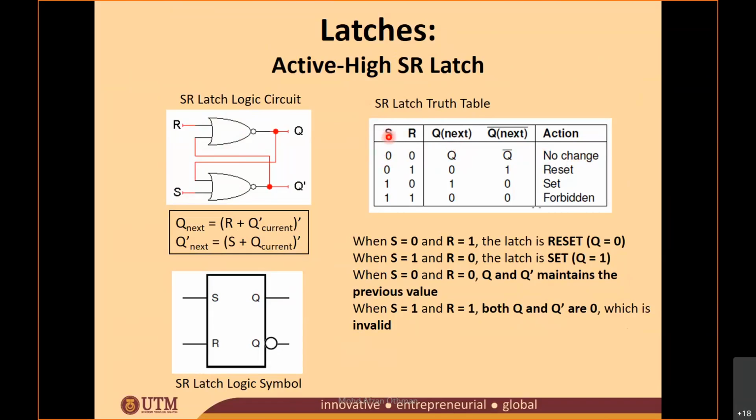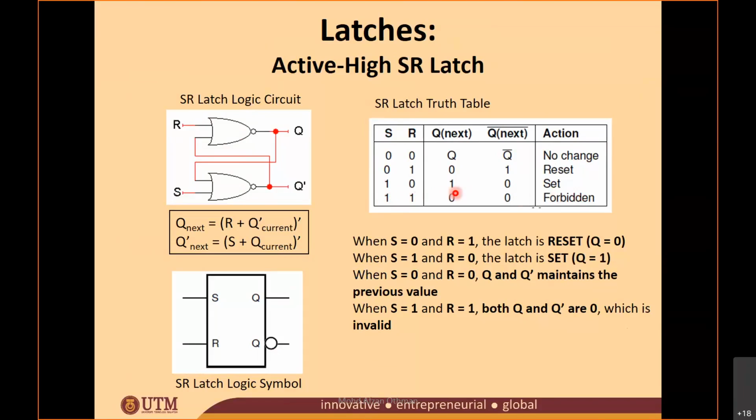If you put S 0, R 1, it means that you're going to reset, so the output of your Q becomes 0. And if you put S 1, R 0, what happens is you're going to set your latch, the output of your latch becomes 1. If you put S 1, R 1, this is forbidden. Why forbidden?